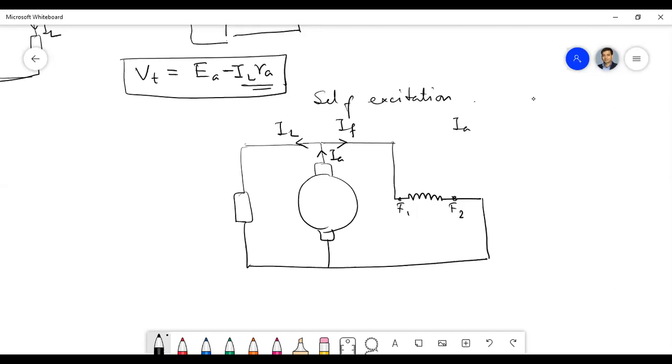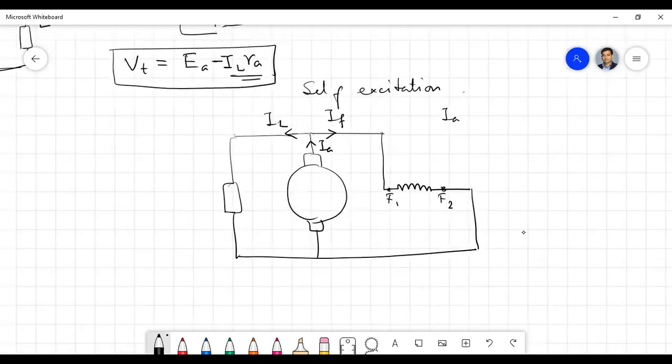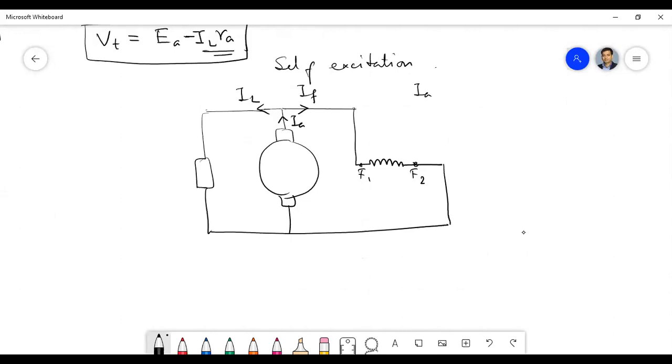Okay, so two types of field excitation are there: self excitation and separate excitation. Clear? Self excitation is also possible if we connect the field in series. In this particular case, how is the field coil connected? In series with the armature or in parallel with the armature?